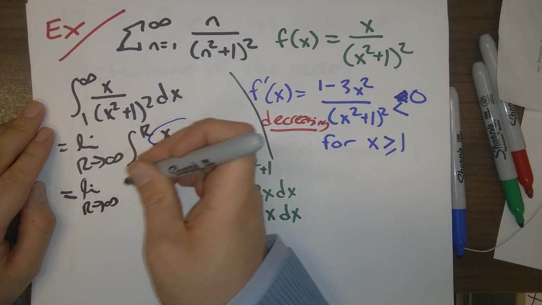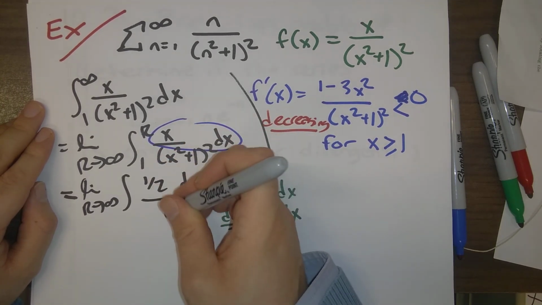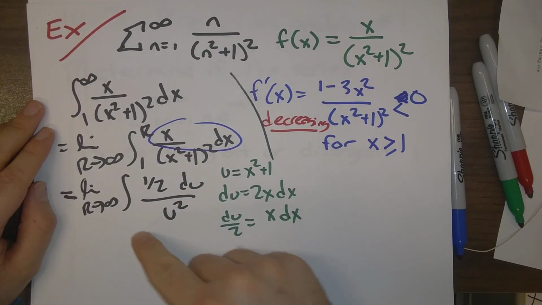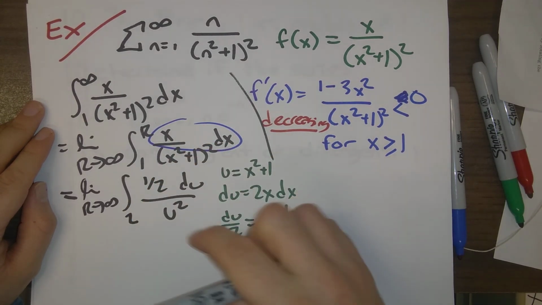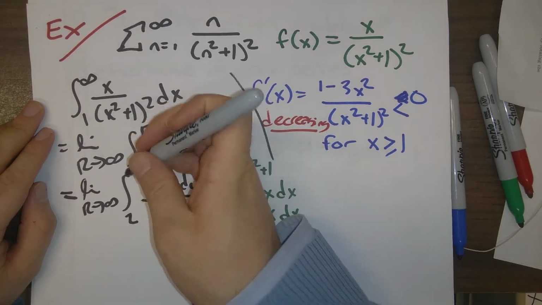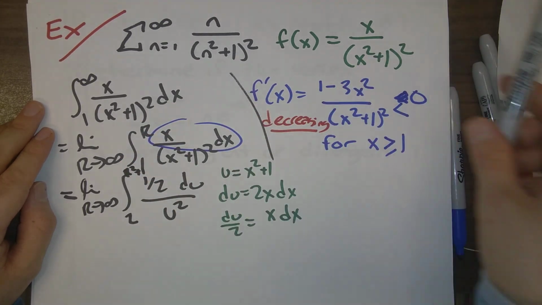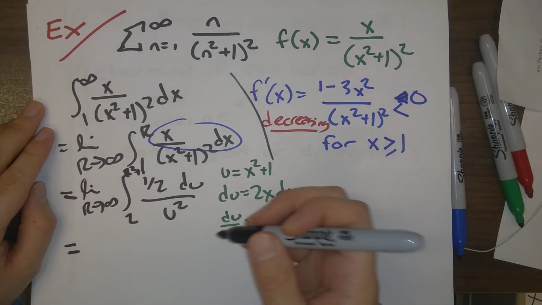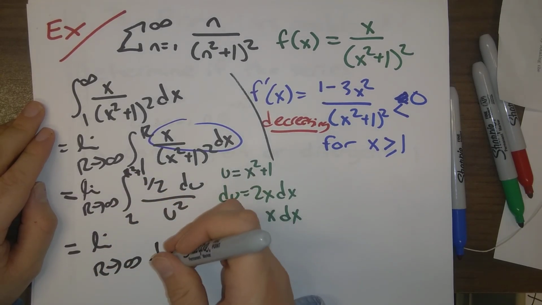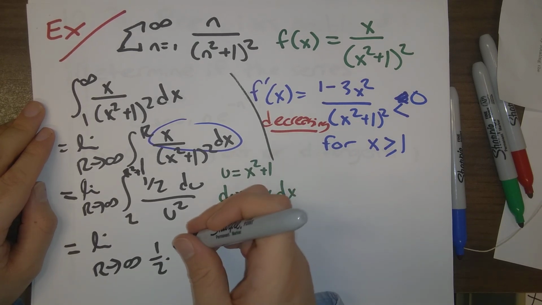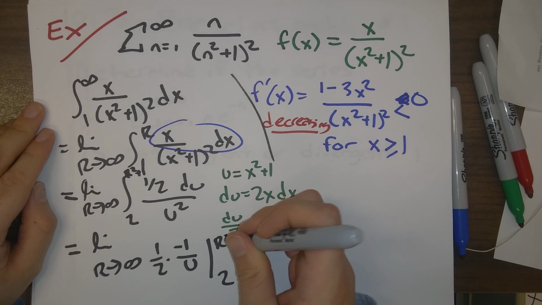The limit as r goes to infinity of the integral of 1/2 du divided by u squared. Our bounds change: when x is 1, u is 1 plus 1, which is 2. When x is r, it's r squared plus 1. Now we integrate: the limit as r goes to infinity of 1/2 times minus 1 over u, and we plug in 2 and r squared plus 1.